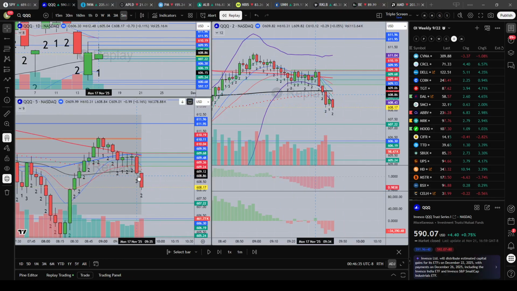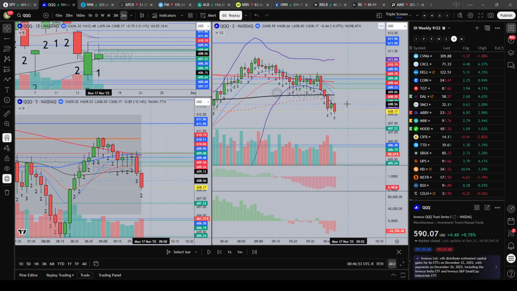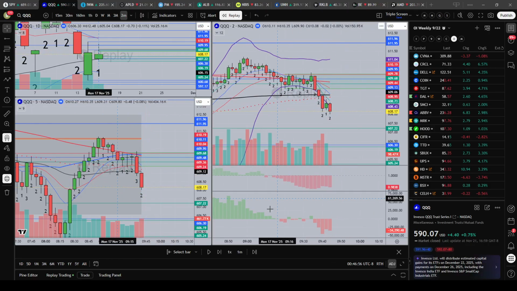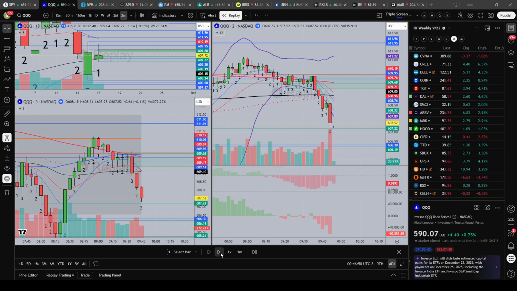The other option is you could have taken this 3-2 down here. It broke. Buyers took a weak attempt up. 2-1-2 down. I don't know. I wouldn't chase it. Unfortunately, the move might go all the way down, but I just can't. It's not very good. I want to see the buyers have a chance to hold this back up. Which I don't think.